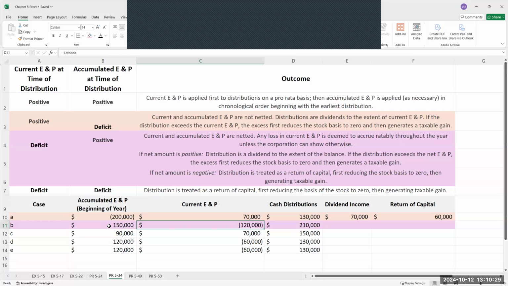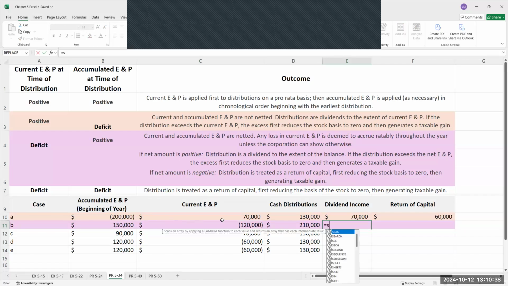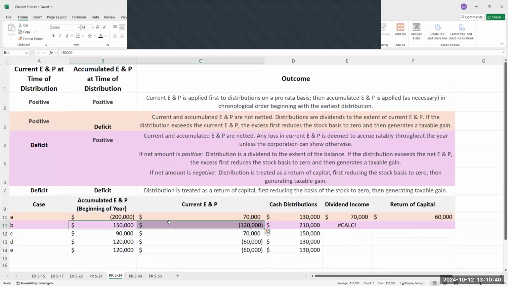So in this case, we net the two. 150,000 versus 120,000. So once we net the two, the sum of the two will give us a positive $30,000.